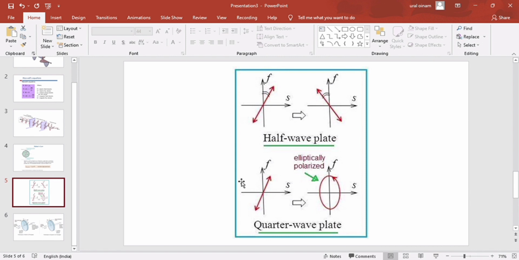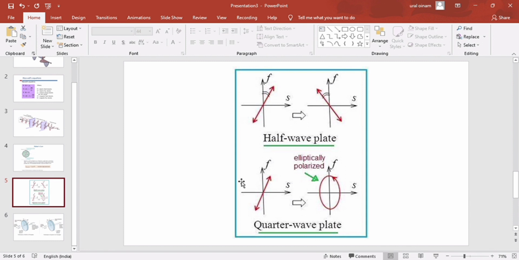So what is a quarter wave plate? Well, a quarter wave plate is an optical device that introduces a phase difference of 90 degrees, or 1/4 of a wavelength, between the two orthogonal polarization components of incident light. Unlike a half wave plate, a quarter wave plate does not change the polarization direction of linearly polarized light, but rather converts it into circularly polarized light.